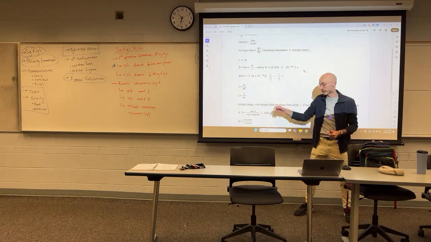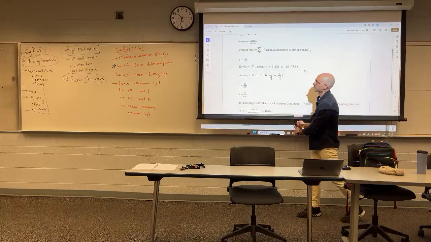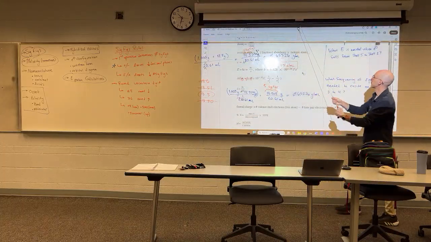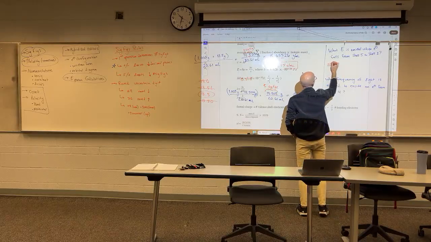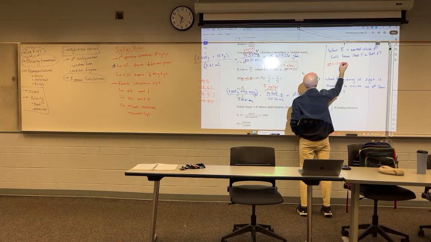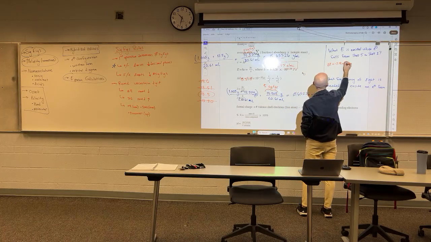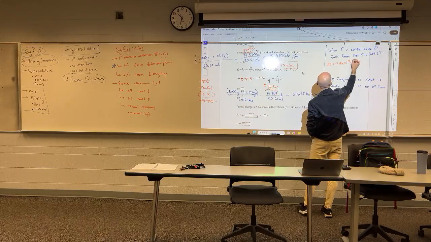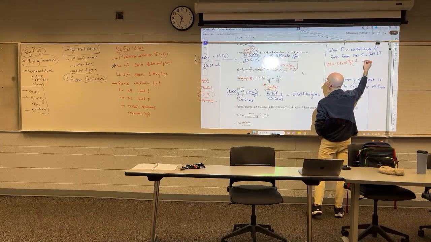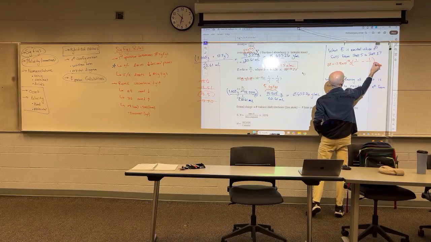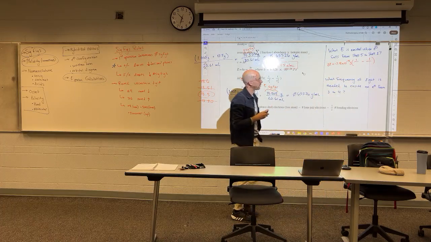Good. Change in energy. All right. Delta E equals negative 2.18 times 10 to the negative 18th joules times 1 over something minus 1 over something, and those will be the squares.